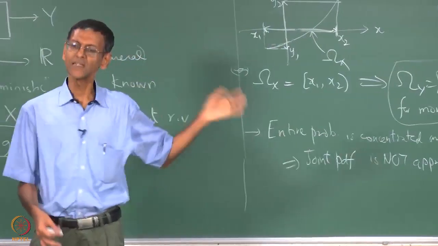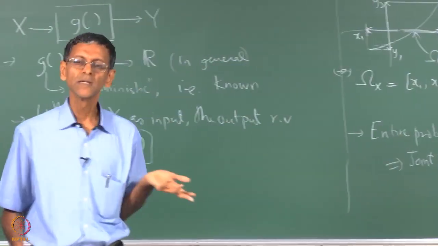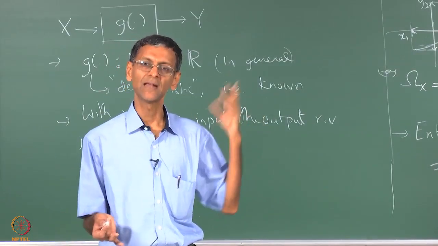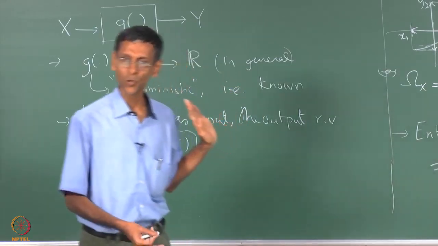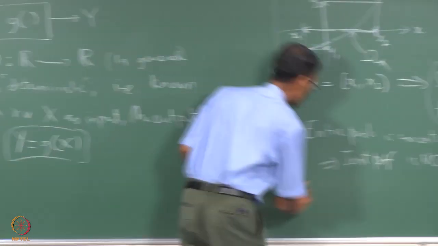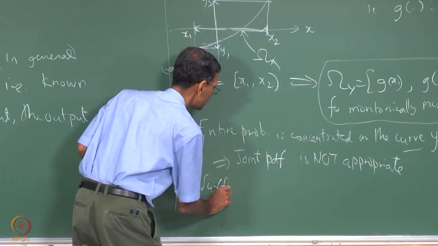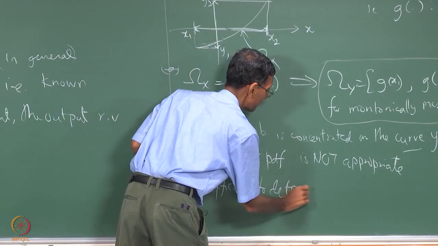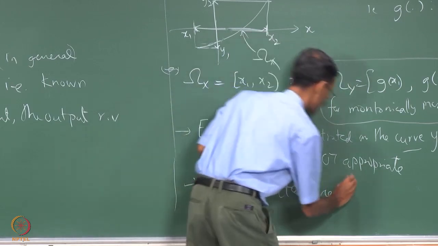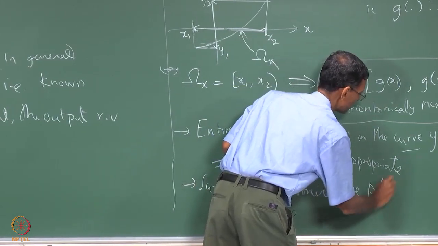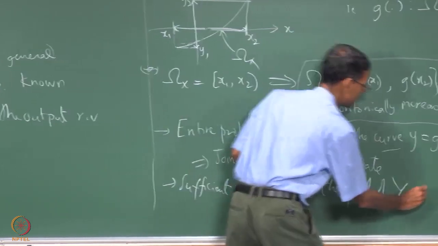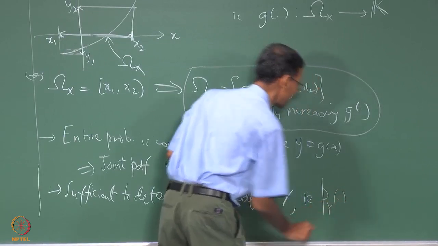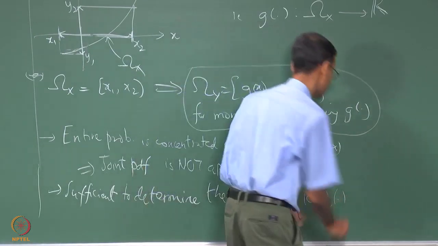So it is sufficient in this case to just look at the standard PDF which we started looking at long back in this course. So it is sufficient to determine the PDF of y. Namely, now I am going to have to make a small distinction, the discrete versus continuous.